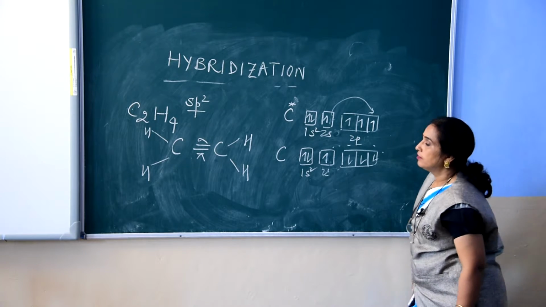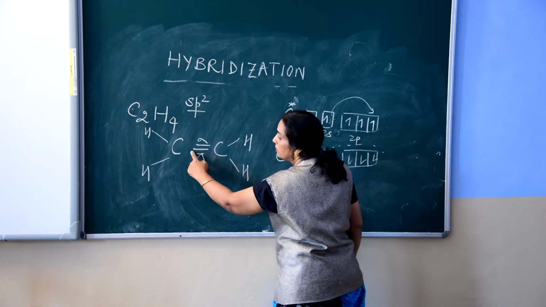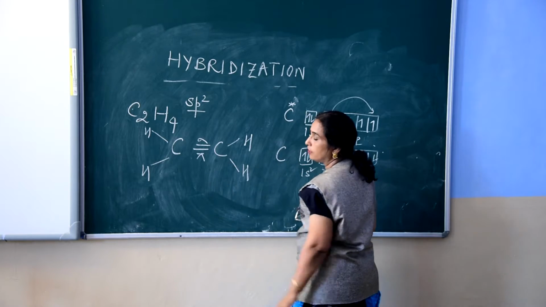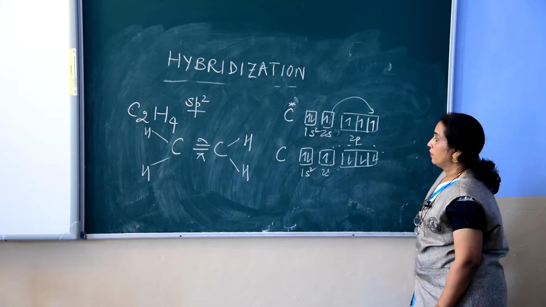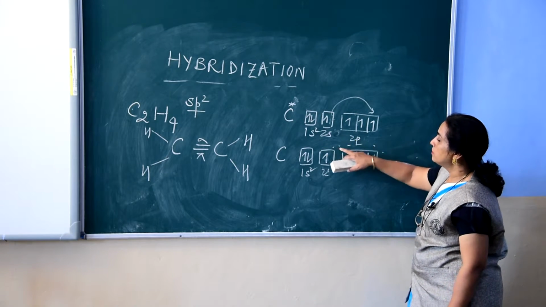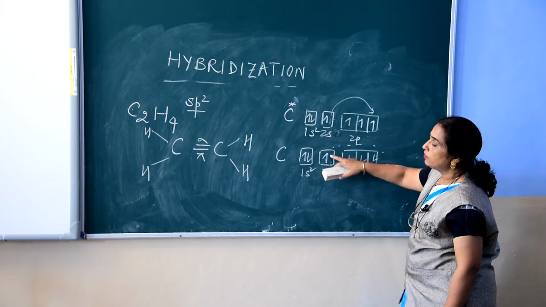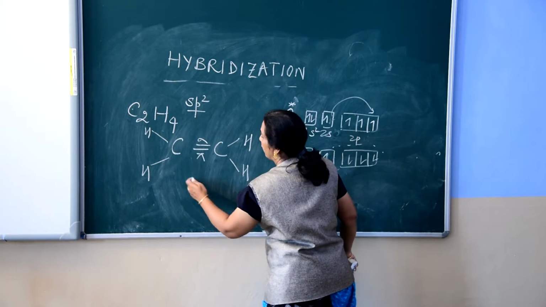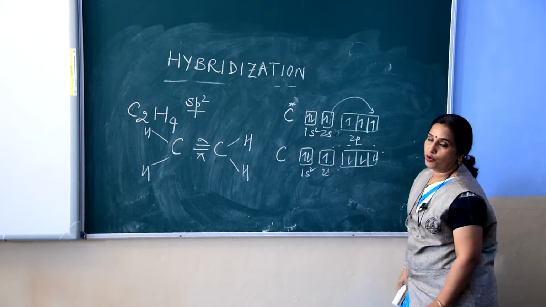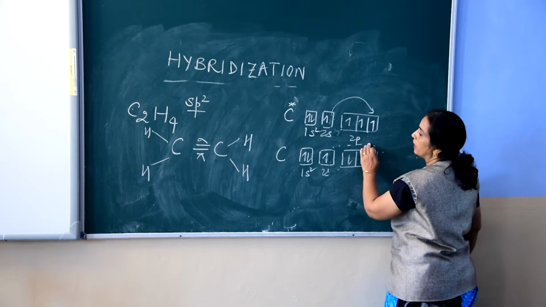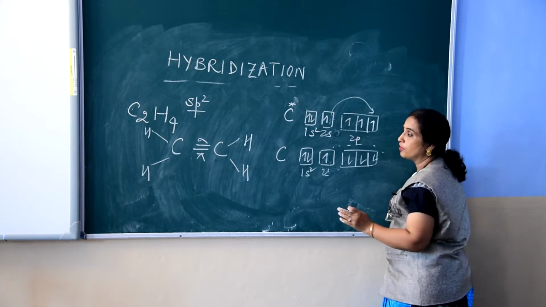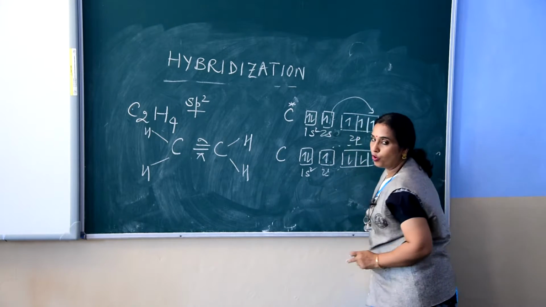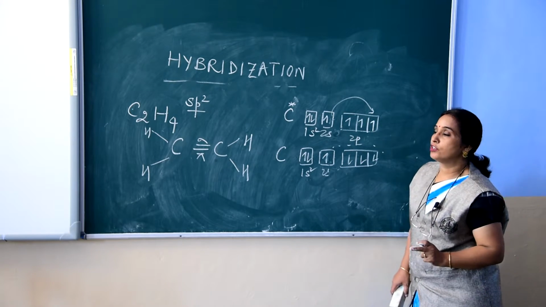Now we see that between the 2 carbon atoms, there is 1 sigma bond. The remaining 4 hydrogen atoms are also showing sigma bonds. In hybridization, because there is a pi bond involved here, only the sigma bonds are involved.